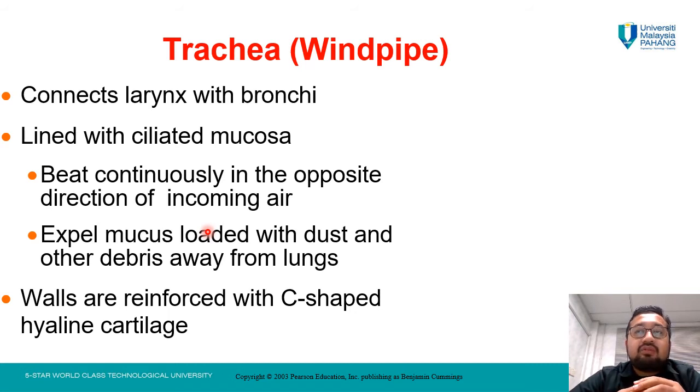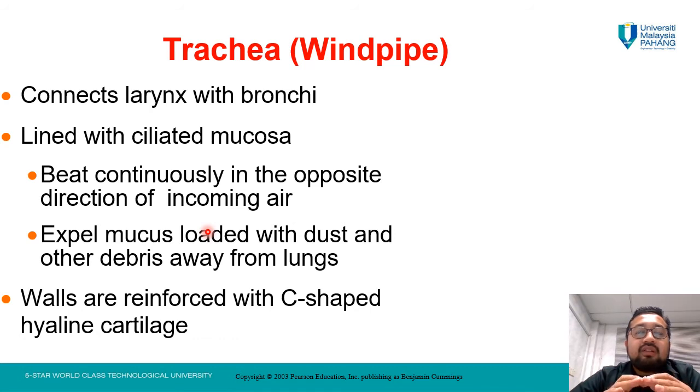So that's why when we've got a common cold or flu, usually we will expel more and more mucus, because the infection has entered, and this ciliated mucosa has acted to prevent it from coming into our lung.